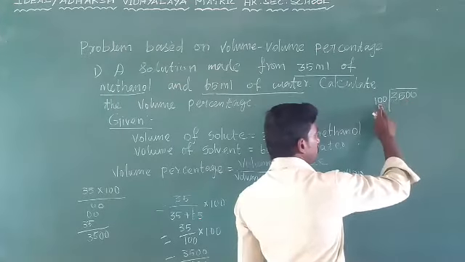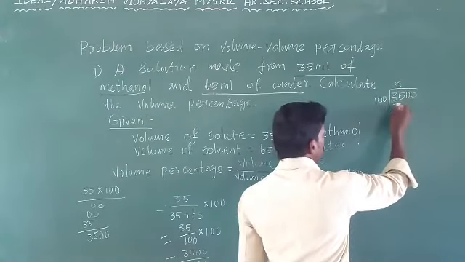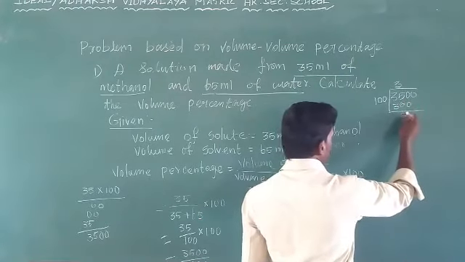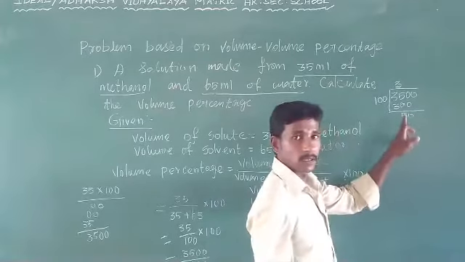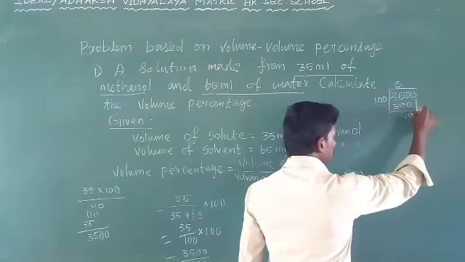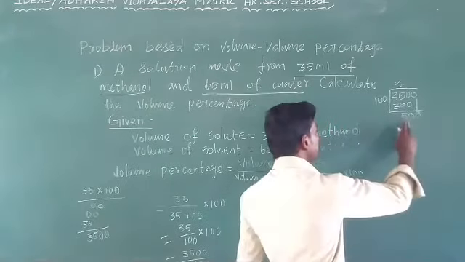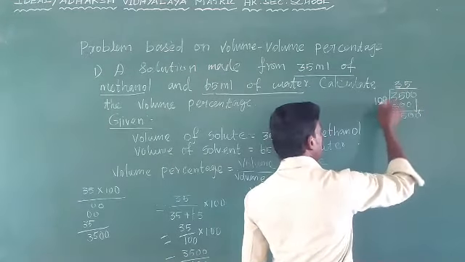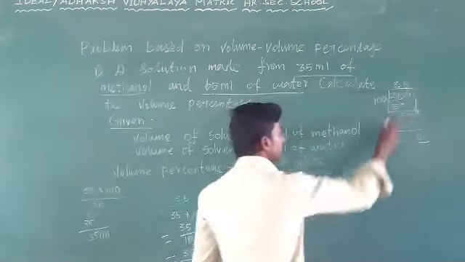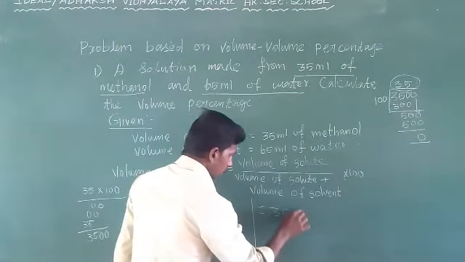In 350, 300 is present, so 3 times 100 is 300. The remaining is 50. 50 is lower than 100, so add 0, making it 500. In 500, 5 times 100 is present, so 5 into 100 is 500, and the remainder is 0. So the answer is 35%.